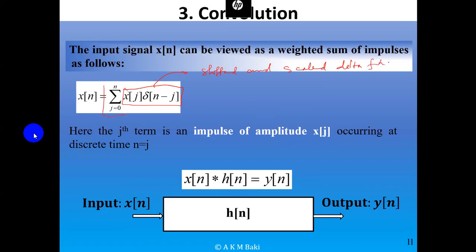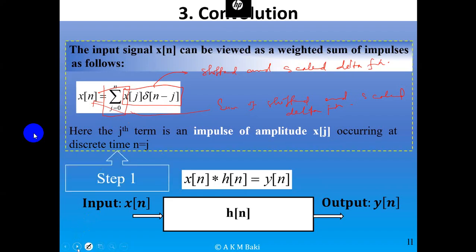Since there is summation, the whole equation represents the input signal as the sum of shifted and scaled delta functions. So that's the representation of the input signal.